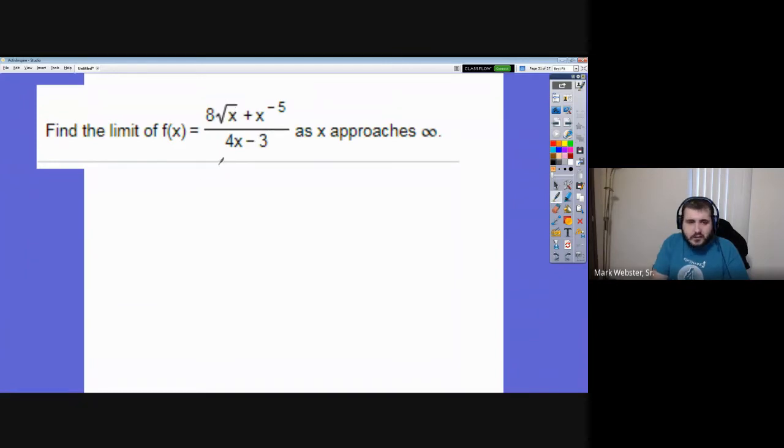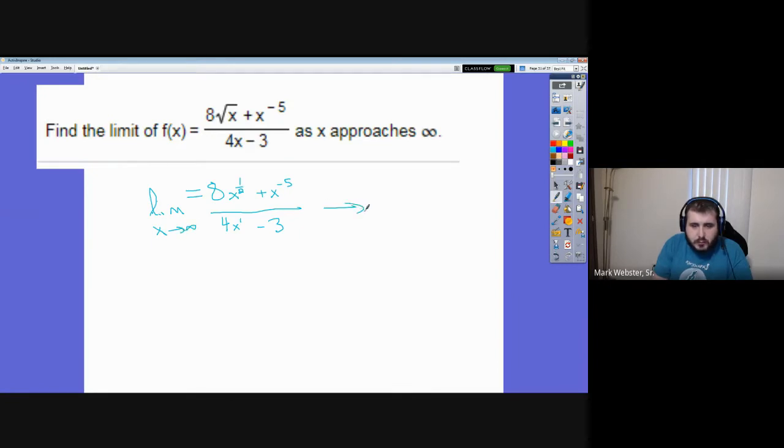This radical x helps us to rewrite this whole thing in exponential form. Radical x is the same thing as x to the 1/2, right? Maybe you want to write 4x to the 1. That's fine. You don't have to. But again, we're going to take the limit as x goes to infinity.